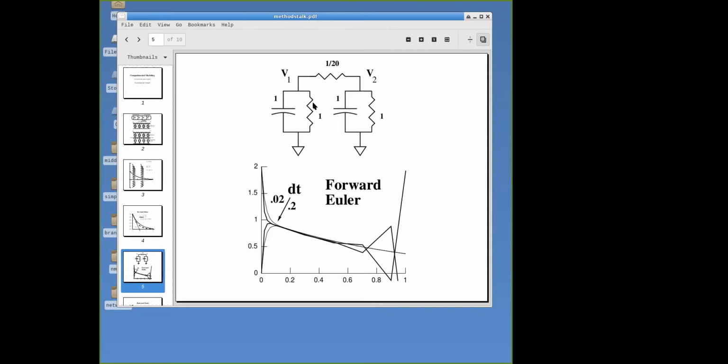And that introduces a new time constant, which is very short compared to the membrane time constant. The membrane time constant is 1 here. It's the product of this resistor and this capacitor.